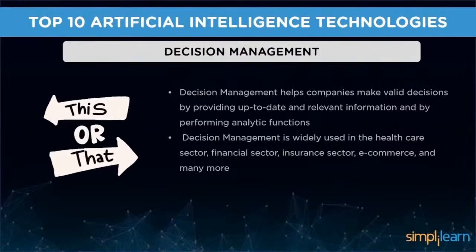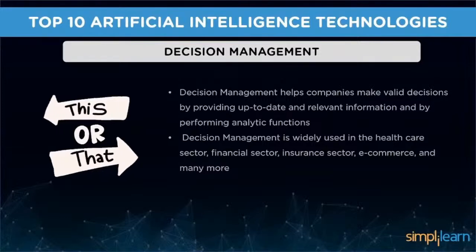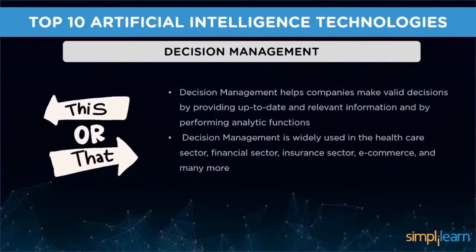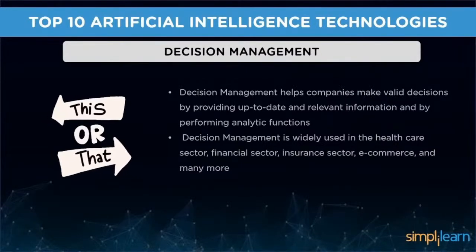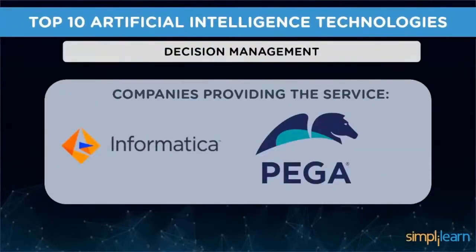It also helps in making quick decisions, avoidance of risks, and in the automation of the process. Decision management is widely used in the healthcare sector, financial sector, insurance sector, e-commerce, and many more. Some of the companies that provide this service are Informatica, Advanced Systems Concepts, Pegasystems, Mana, etc.